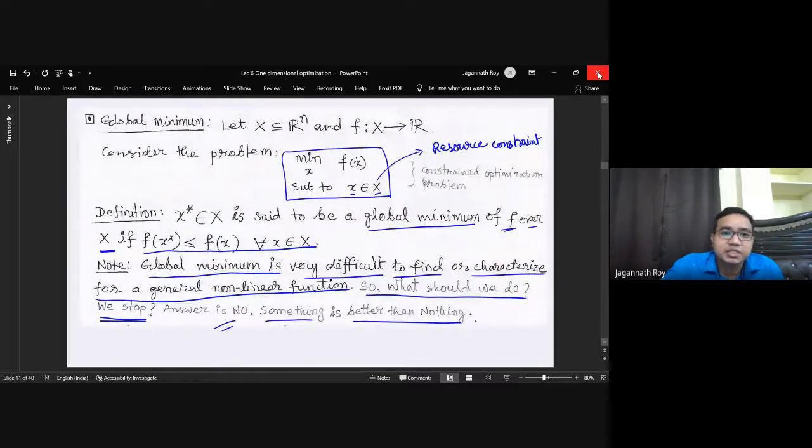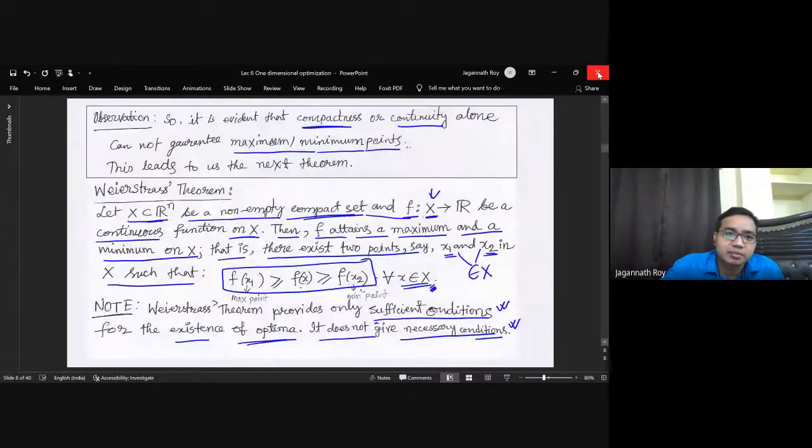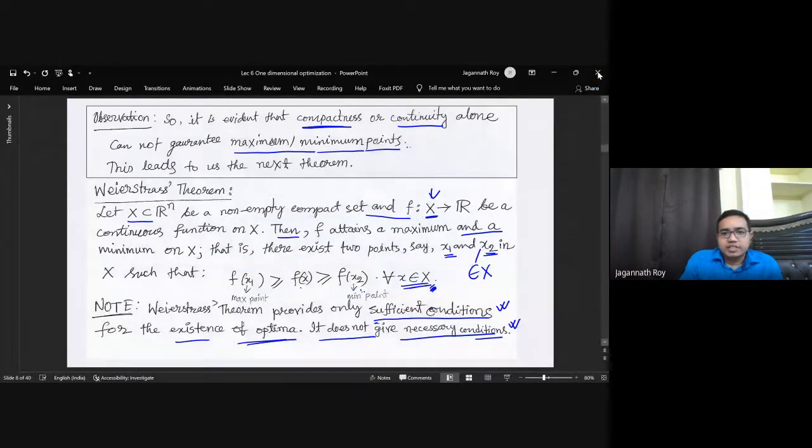This is just a sufficient condition, like the Weierstrass theorem. If you remember the Weierstrass theorem, it says that if the set is compact and the function is continuous, then we can get the maximum and minimum point. But it does not say that this is the only situation in which we can get it.